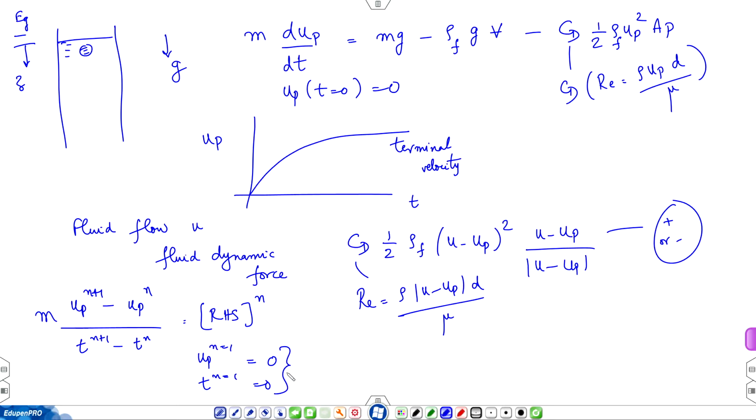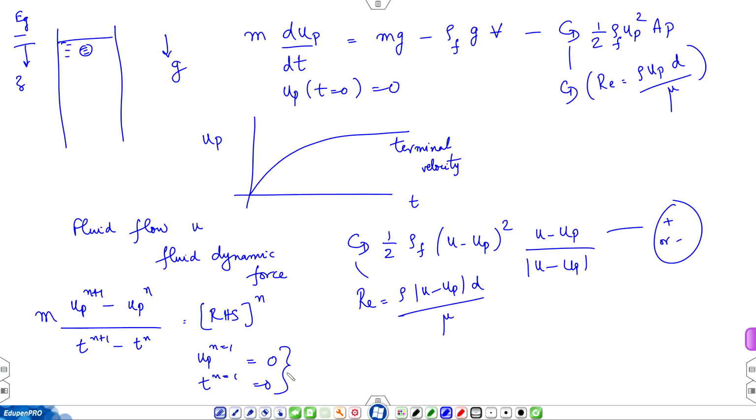To do this, what is the requirement? Requirement is that the time interval you consider be short, be small. So, T n plus 1 minus T n, which you may call delta t, is a small quantity. So, suppose the particle evolves over a time frame of, let us say, 1 hour, then something like 1 minute is a small time interval.